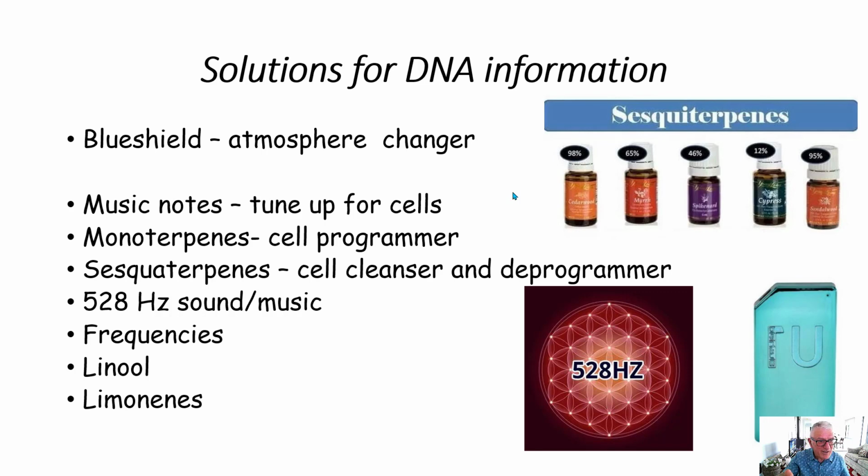So it's programming the cells. And sesquiterpenes give cells information too, but it's cleaning the cell receptor and it's deprogramming the false information. This is powerful. So we need these. These are the missing links.